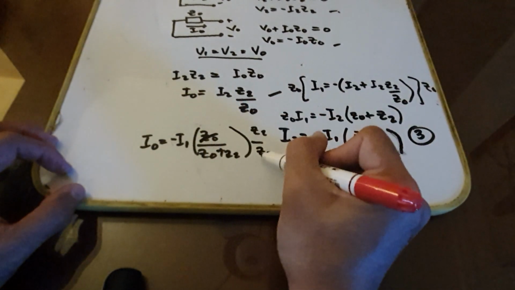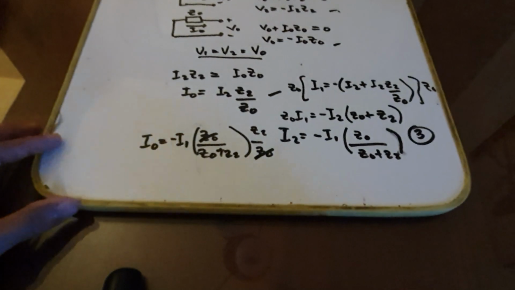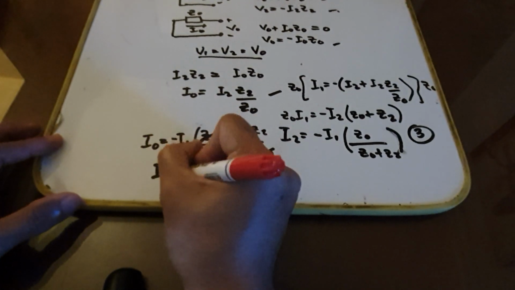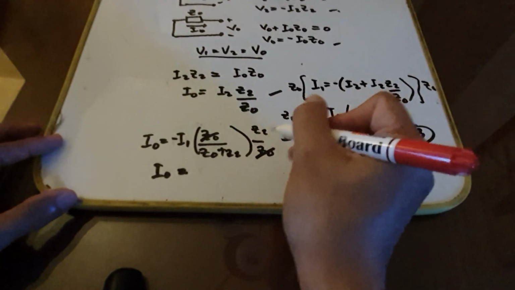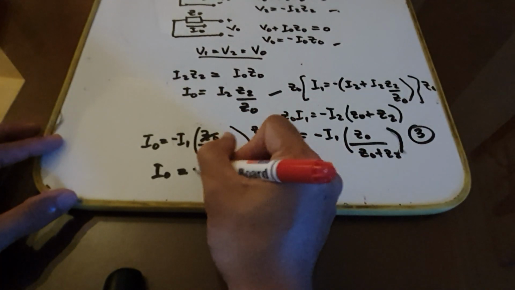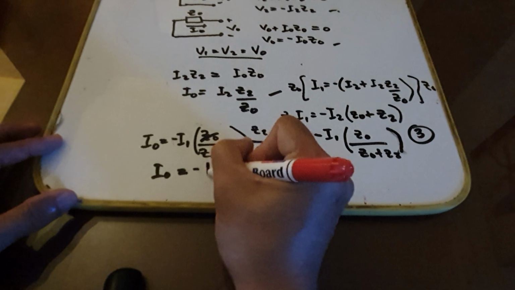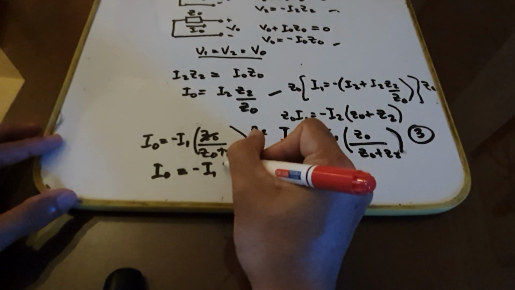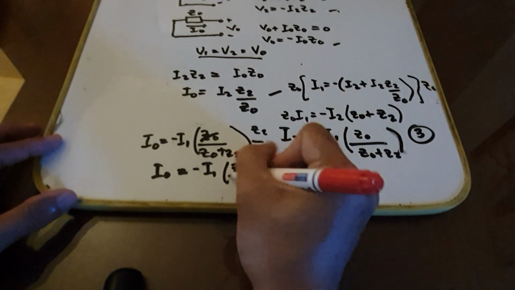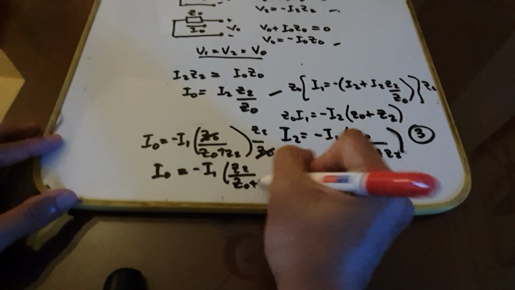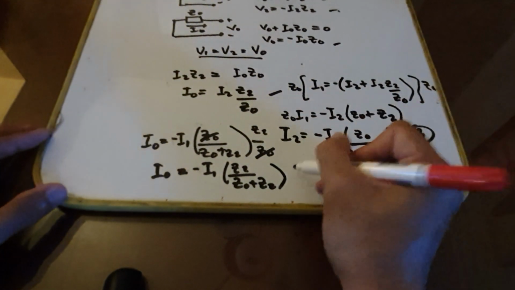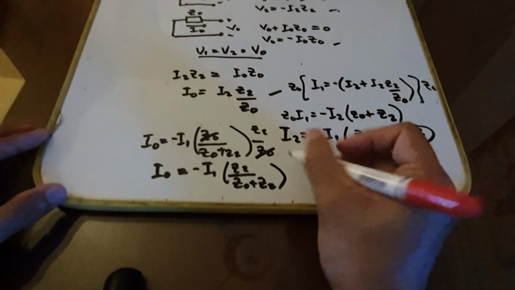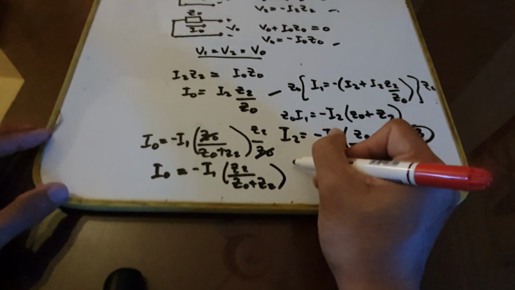So this will become cancelled. So I0 is equal to negative I1 Z2 over Z0 plus Z2. Okay, so these are the equations of the sequence currents.